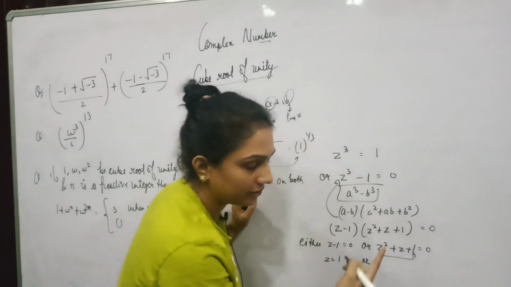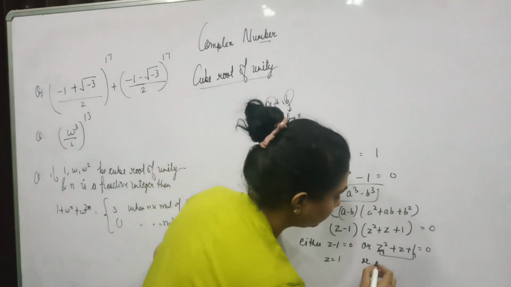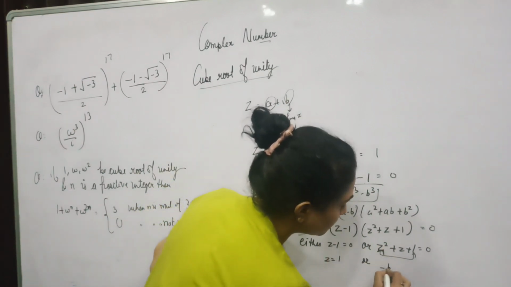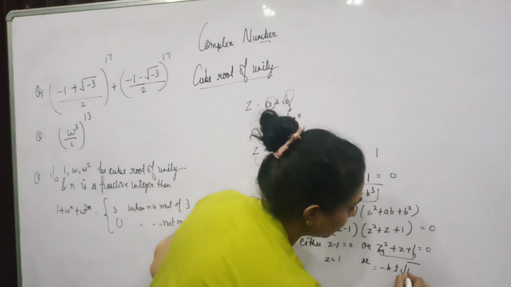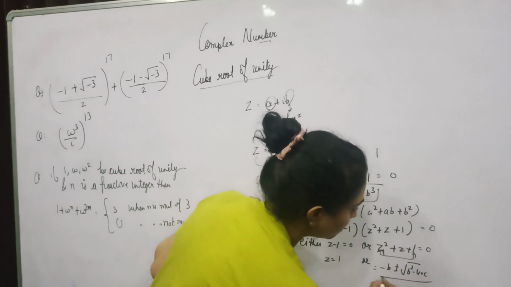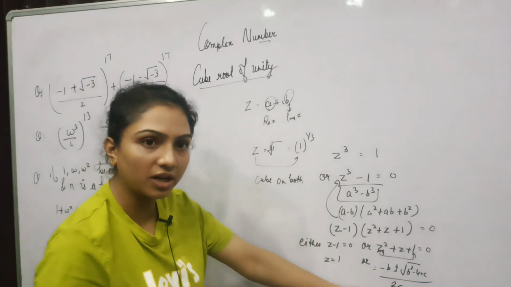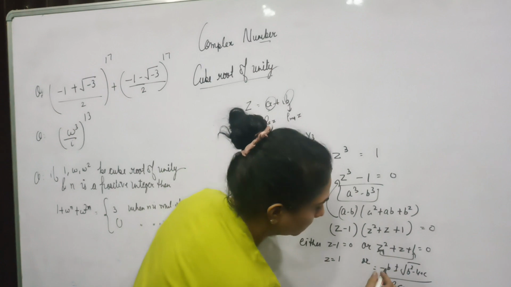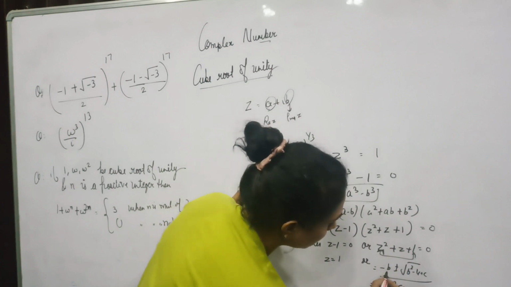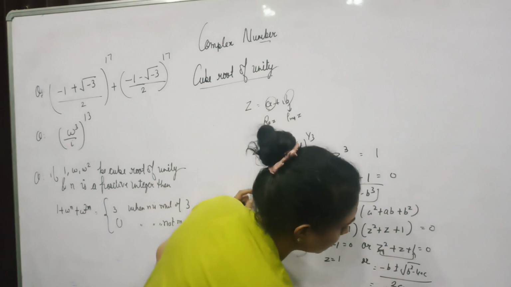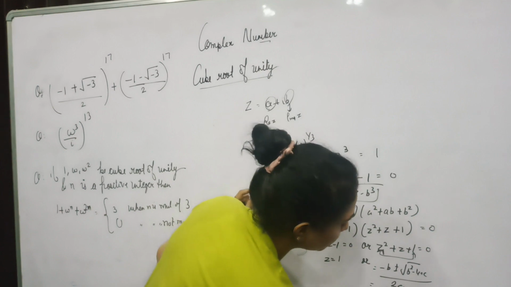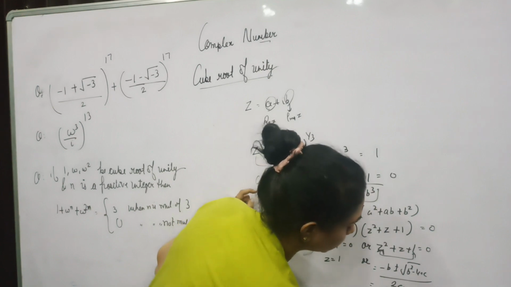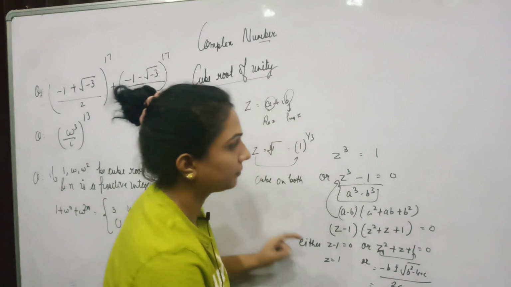Firstly, we will try to solve it in a simpler way. Let's say minus b plus minus under root of b square minus 4ac upon 2a. This is the Sridharacharya method to solve the quadratic equation, where b is 1. So this is minus 1 plus minus under root of 1 minus 4 into 1 into 1 upon 2a.